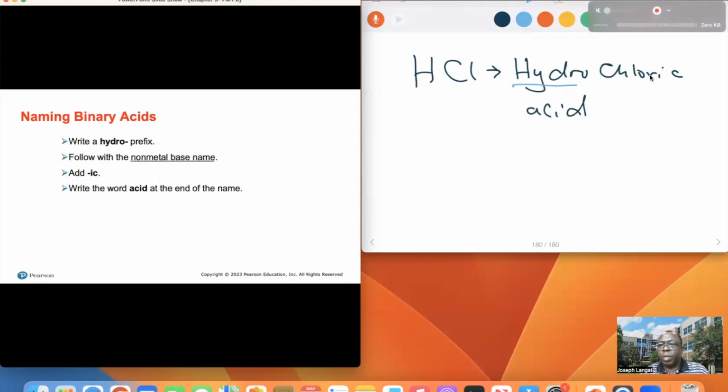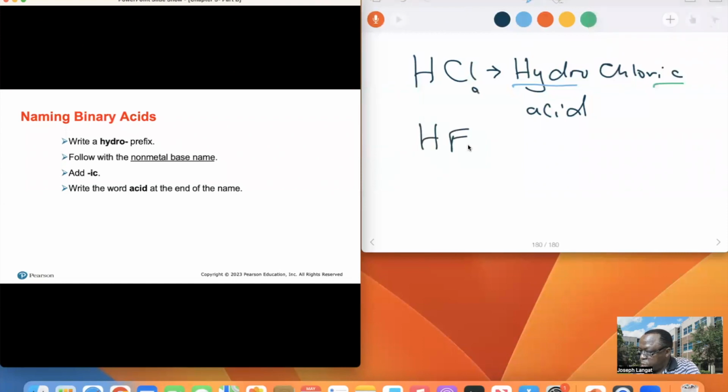Instead of chlorine, you write the ic here, following the non-metal base. Write the word acid at the end. So that's what I do have here. So when we look at the compound, and must be aqueous, by the way, this is hydro.